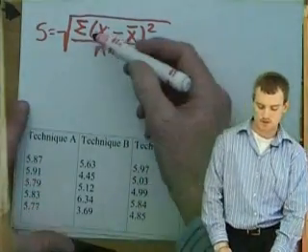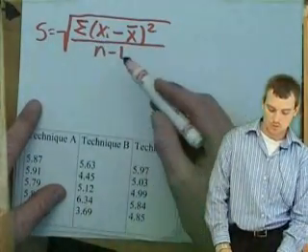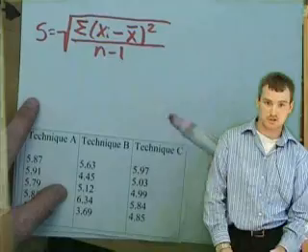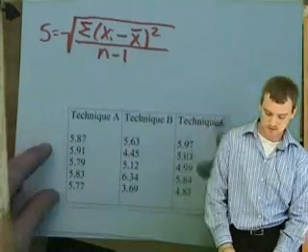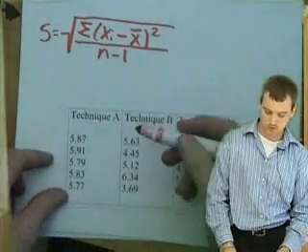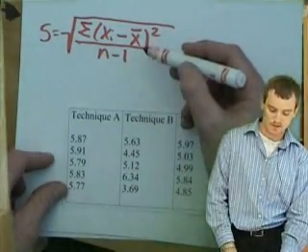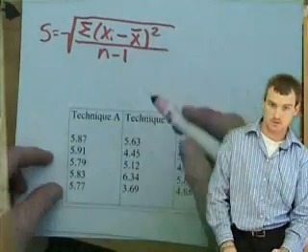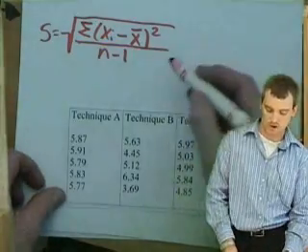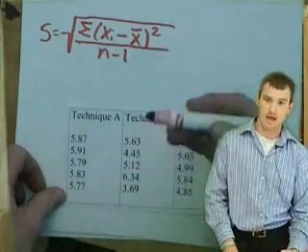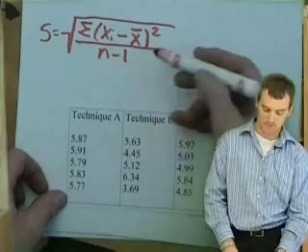Here xi is any one of these values, such as 5.87; we're going to use all of them eventually, and each is subtracted by our mean, x, and squared. N is the number of values, which is 5, so it's 5 minus 1.